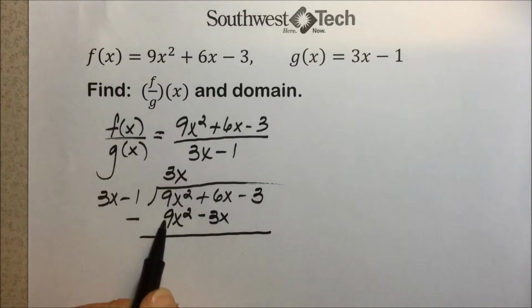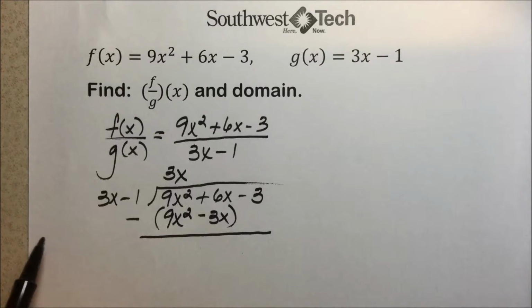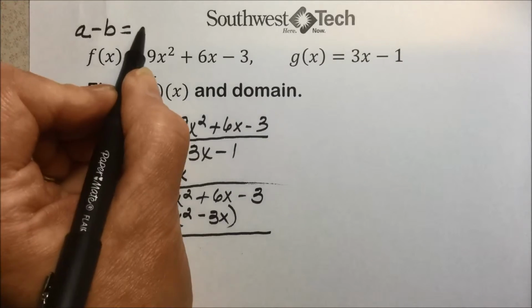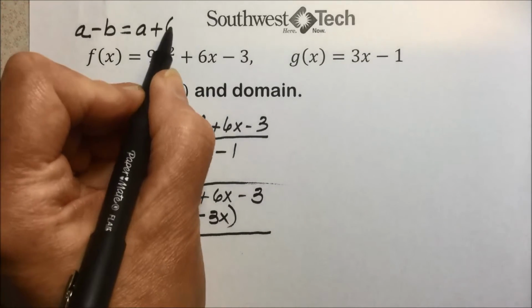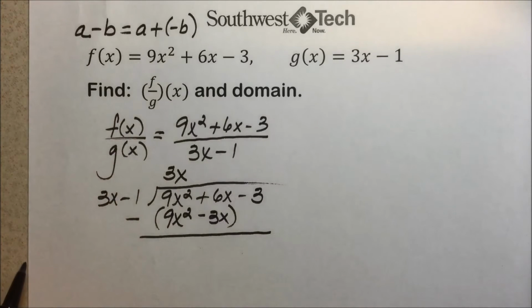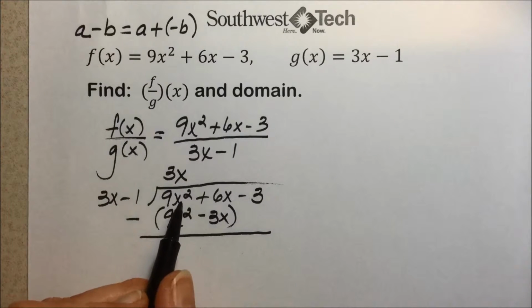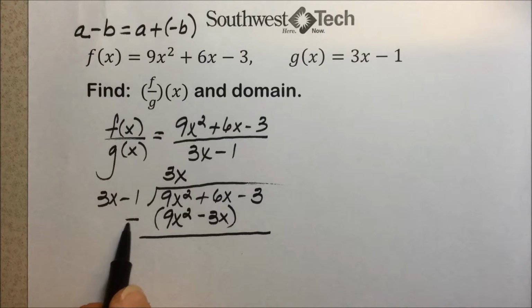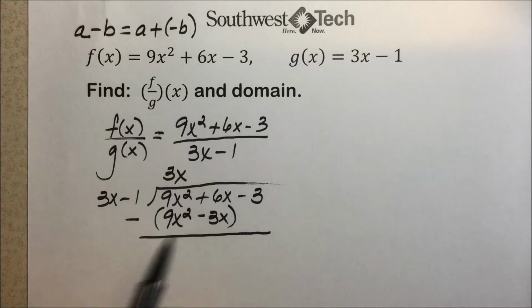We're subtracting, but we're subtracting a quantity. Using our rule of subtraction, which is a minus b is the same as a plus a negative b, is a good approach to avoid any errors. Most of us will remember 9x squared minus 9x squared, but we may forget to also recognize we're subtracting a -3x.